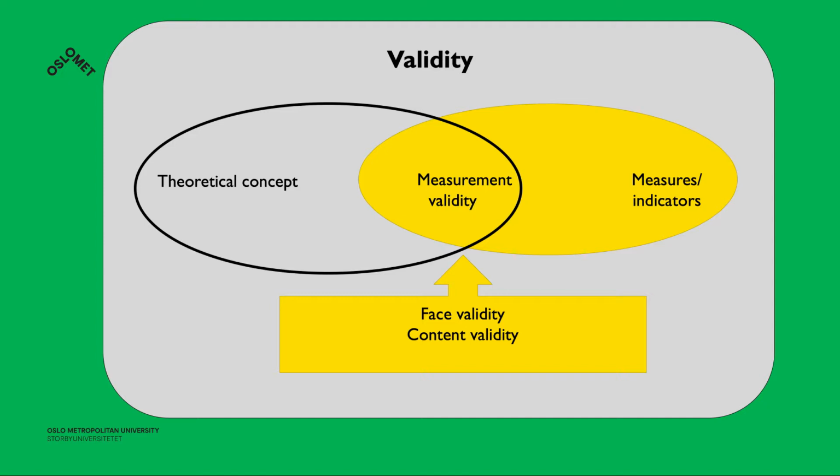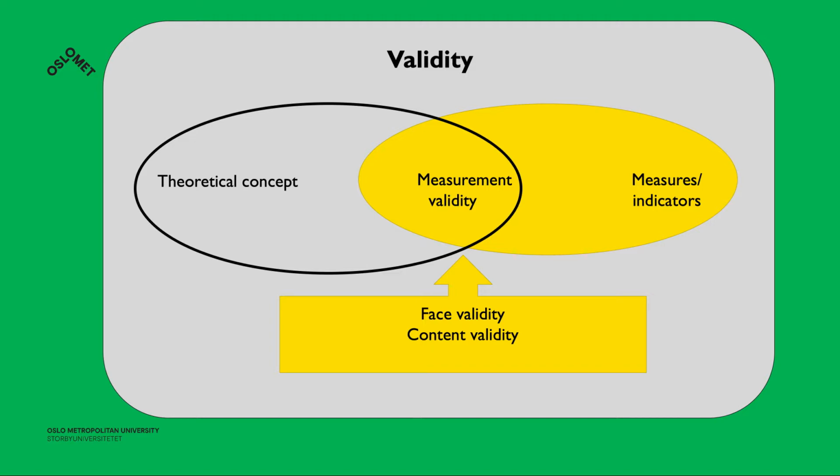Okay, so validity. You have these measures or these indicators, and you have this theoretical concept. And these measures and indicators might measure something else than the theoretical concept, but they also measure parts of the theoretical concept. So measurement validity is a question about how much of the theoretical concept you are actually measuring.